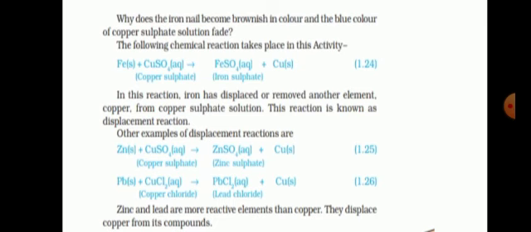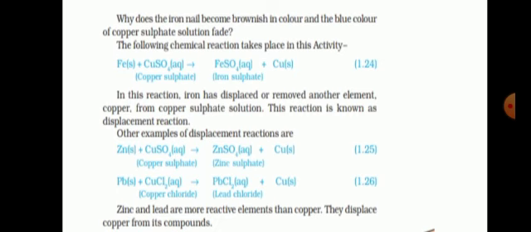Here you can see the chemical equation for this activity 1.9. Fe, that is your iron, which is solid, plus CuSO4, which is your aqueous copper sulfate solution, will give you the end products FeSO4, that is aqueous iron sulfate solution, plus Cu, that is solid copper.